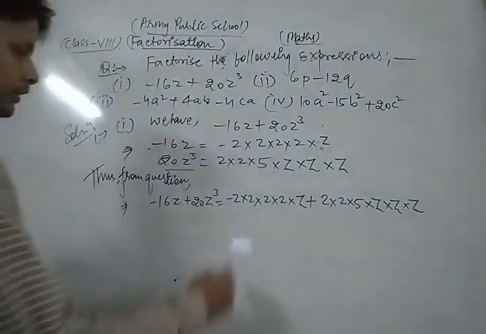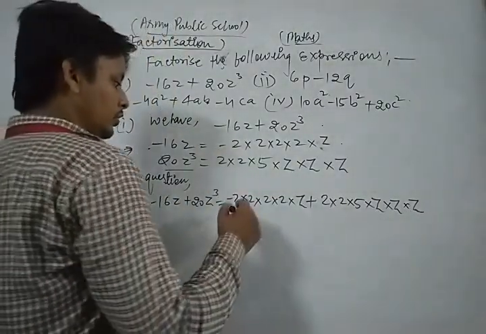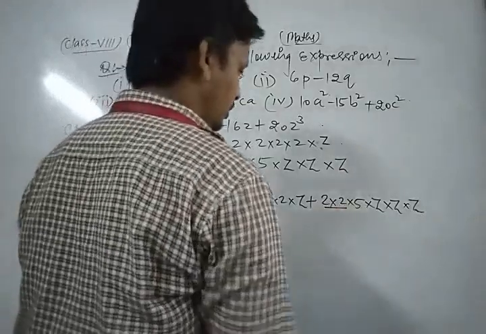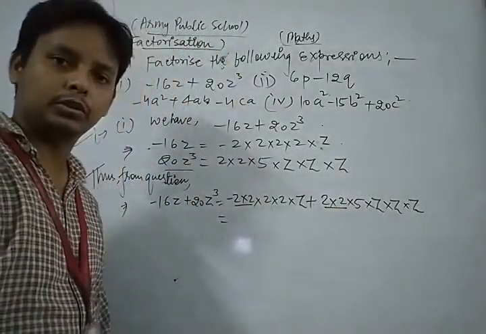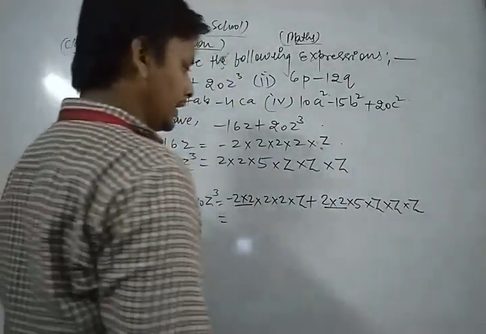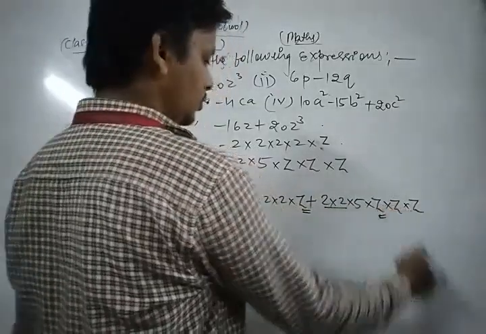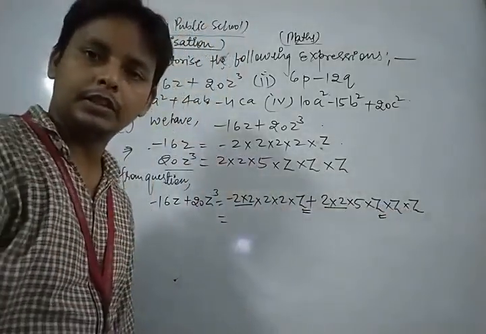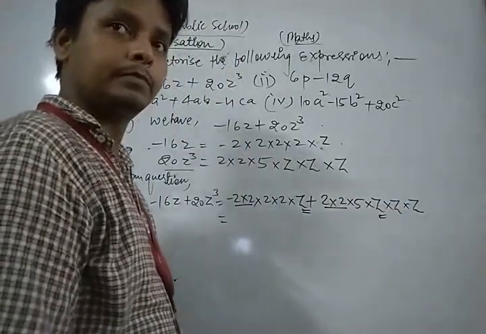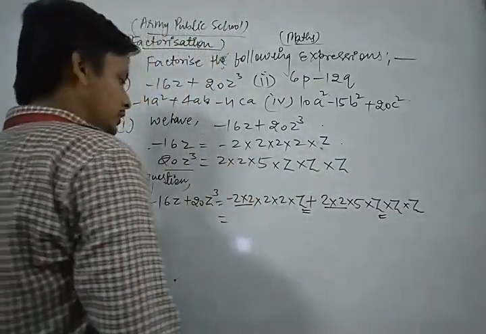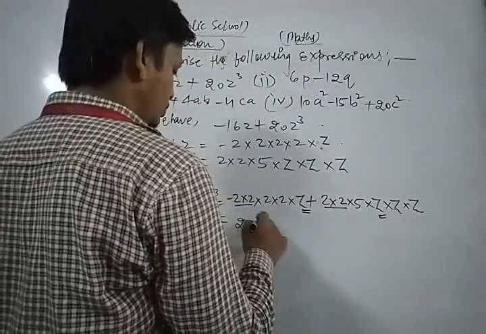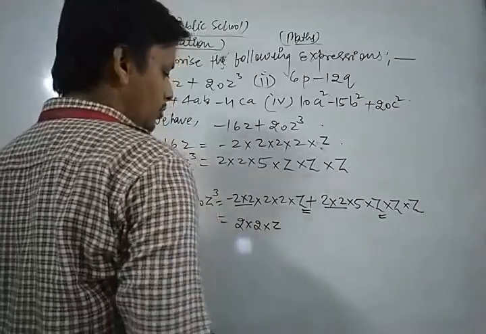Now look, what is the common factor in both the terms? Dear friends, 2 into 2 is the common factor in both the terms, as well as z is also a common factor between these two terms. So we take 2 into 2 into z as common.